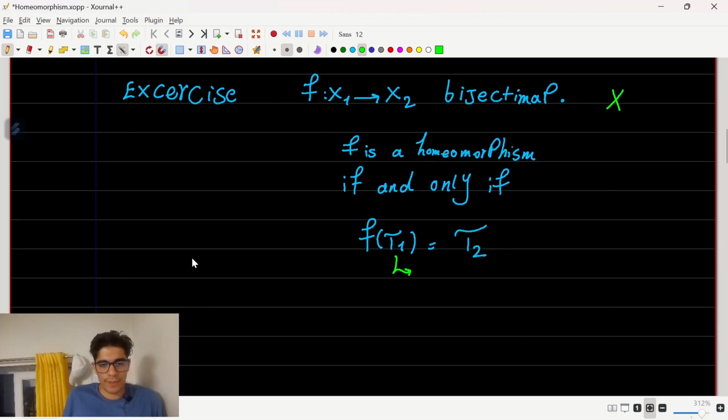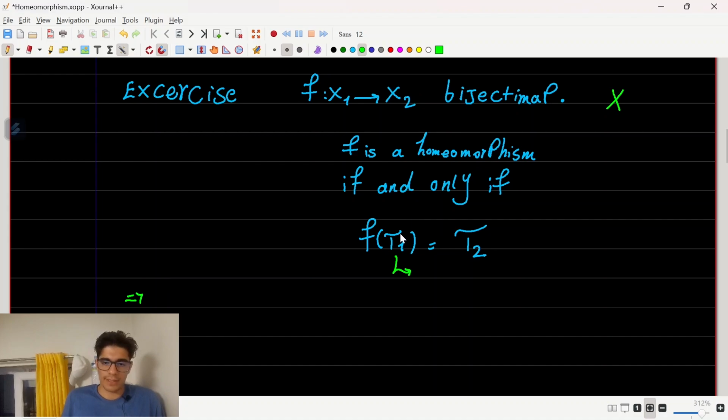So let's first do it this way. If f is a homeomorphism, then obviously it takes open sets to open sets, and the inverse of it does the same thing.